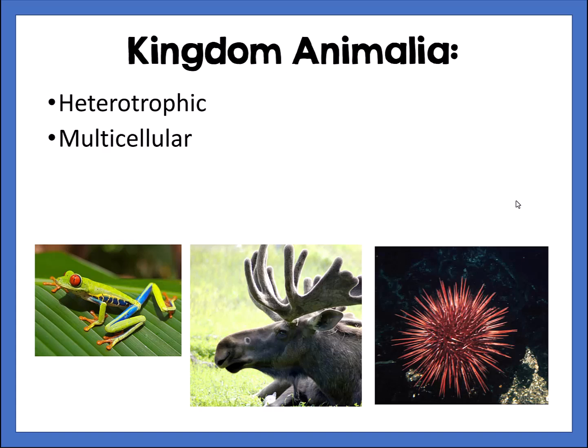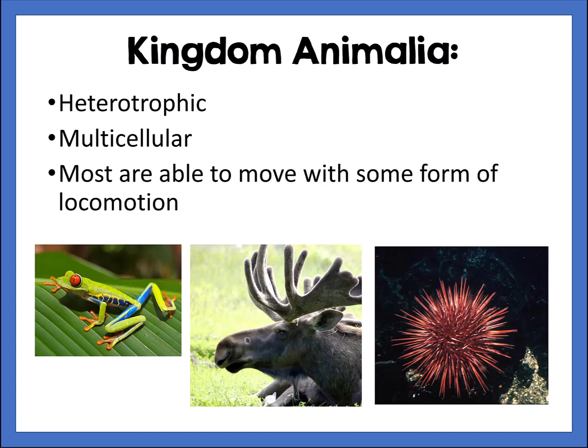They are multicellular, although there can be a variety of amounts of cells that they're made of. And most are able to move with some form of locomotion. So legs, tails, things like that. They're able to move, which serves them well because of that heterotrophic nature. They need to find their food and capture their food.